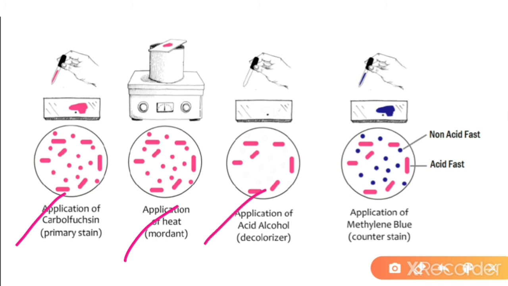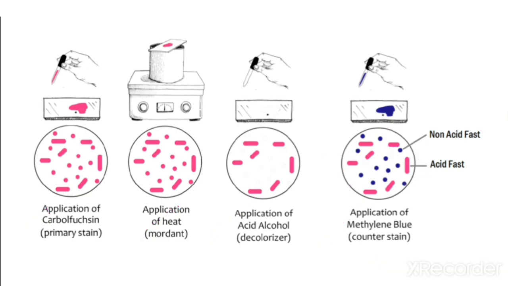Then after that we use methylene blue as a counter stain. After methylene blue we keep it for 2 minutes, then wash it, air dry. After air drying we apply cedarwood oil, then observe under 100x. Under 100x, we can observe the red colored acid fast bacteria. So this staining technique will differentiate the acid fast bacteria and non-acid fast bacteria.